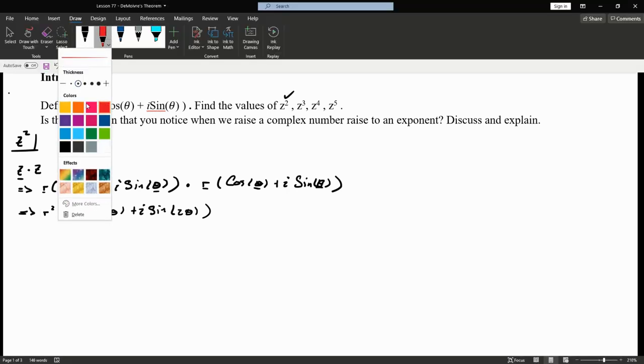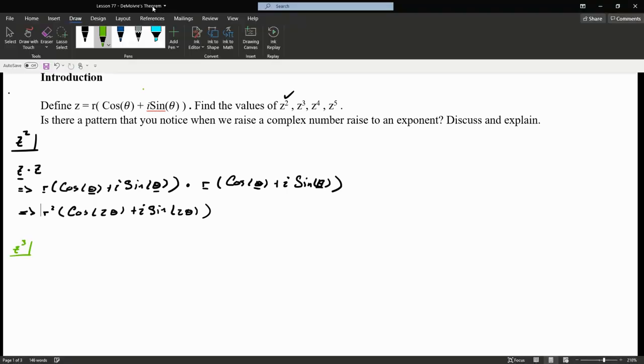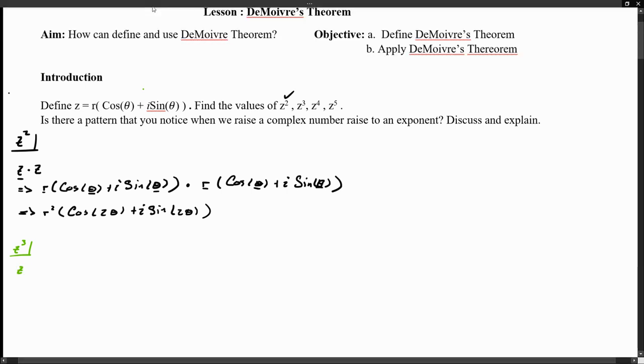Let me use a different color, green here. Let's try to define z to the third. Now z to the third, we can see as z to the second times z. But we already have an expression for z to the second: r to the second times cosine of 2 theta plus i sine of 2 theta.